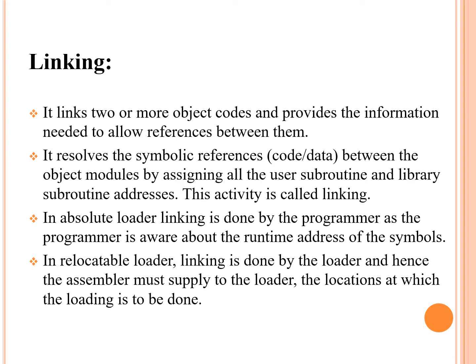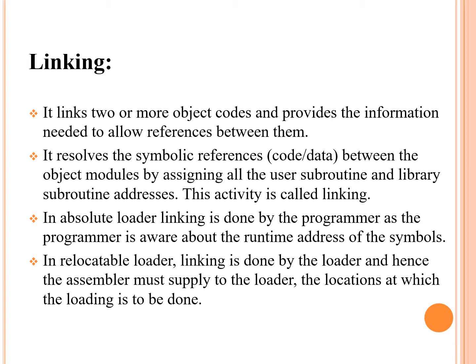The second point is linking. What is linking? It links two or more object codes and provides the information needed to allow reference between them. It resolves the symbolic references, which can be code or data, between the object modules by assigning all the user subroutine and library subroutine addresses.